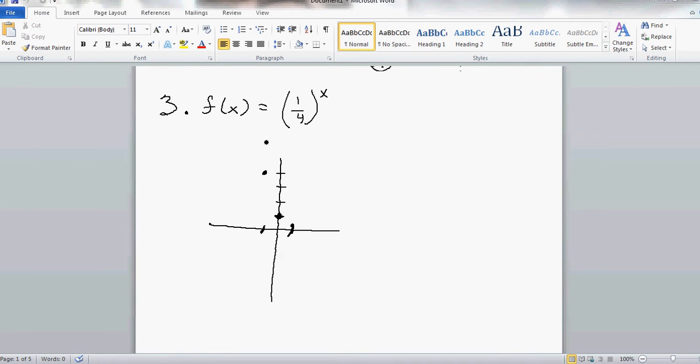So we have 3 points. We understand that it looks like this sort of curve, and it's never going to reach the x-axis, but it technically goes forever and ever in this direction, just very slowly towards the negative x value.